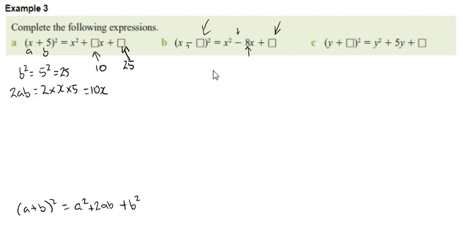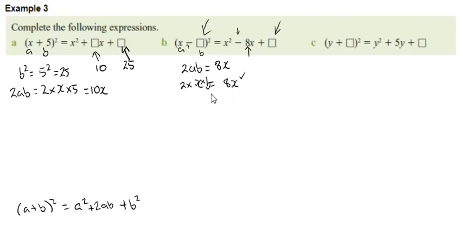I'm just going to be worried about 2ab. Now remember, this is my a, this is my b. We don't know what b is at the moment, but we do know what the answer is. The answer is 8x. So let's leave the 2 there, replace the a with x, and we don't know what the b is, so I'm going to put the b in there, and that equals 8x.